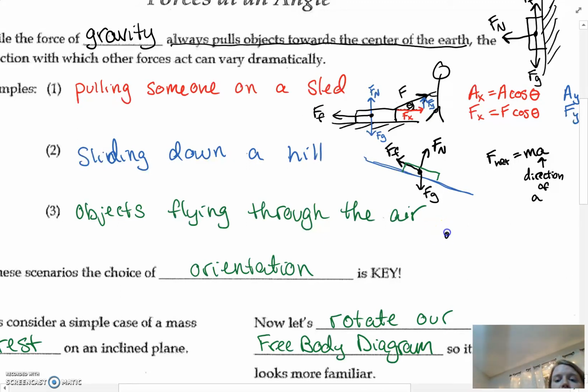If gravity pulls an object downward, but air resistance pushes it like this, how do we resolve the net force here? The main types of problems that I'm going to discuss today are these sliding down a hill problems. They're a little trickier than we've seen.